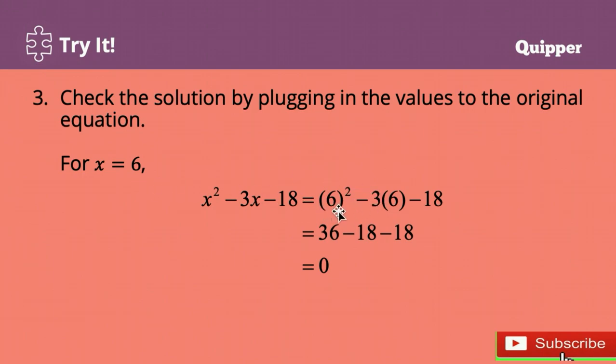You have 6 squared minus 3 times 6 minus 18. 6 squared, that's 6 times 6, and that's equal to 36. Negative 3 times 6 is negative 18, then just copy minus 18. 36 minus 18 is positive 18, minus 18 is 0.